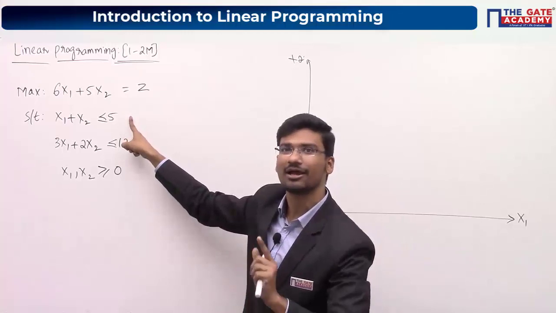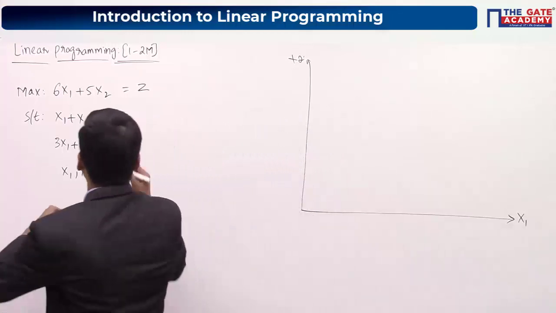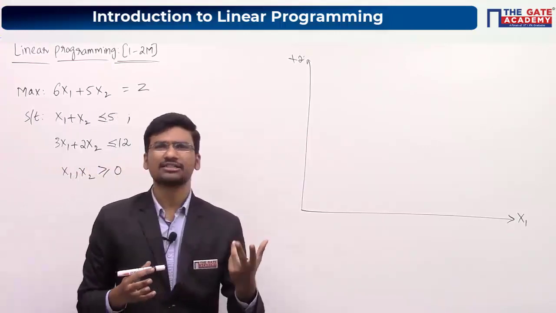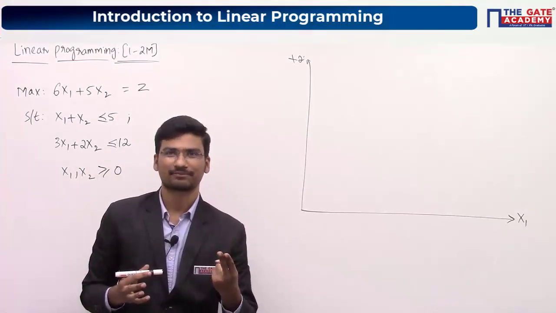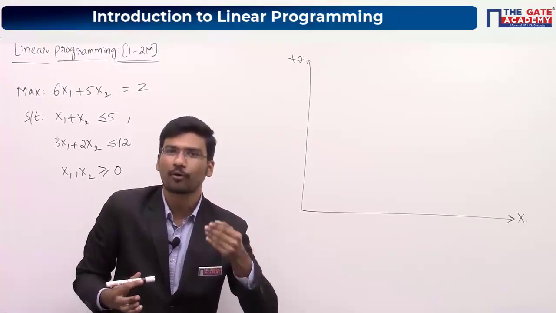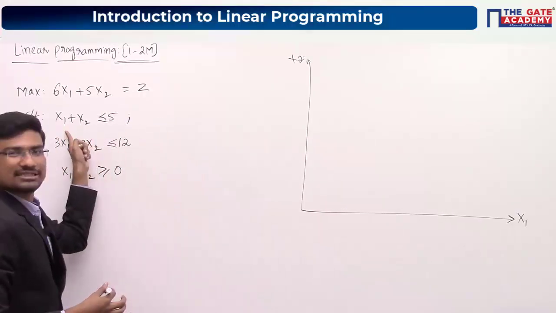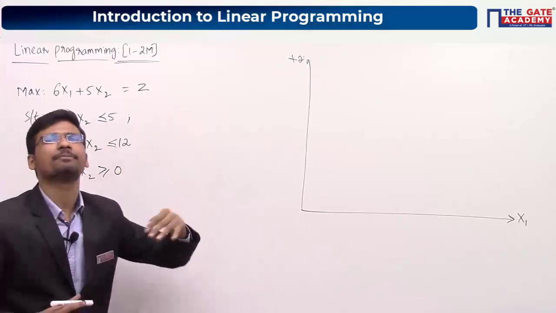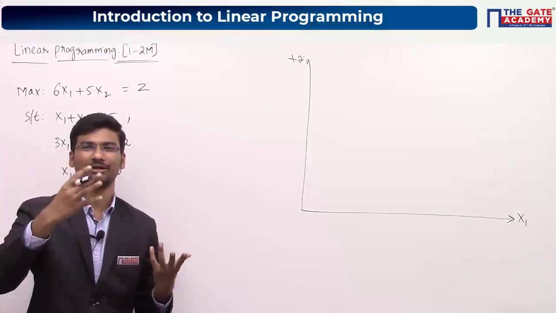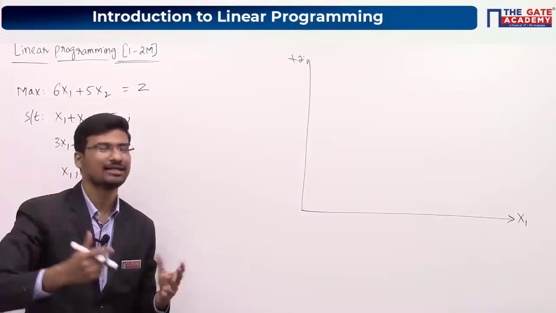Now, to plot a straight line, we need at least two points. How to get points? Put x1 equal to 0, you will get some x2 value, and put x2 equal to 0, you will get some x1 value. We have seen all these things at school level, right?